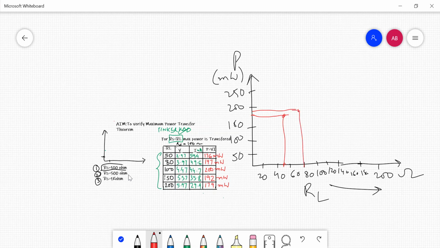Then you have got 200 at 100, so that comes out to be here. Then you have got 192 corresponding to your 150, so 150 comes somewhere here, and 192 will be like here. Last is your 179, so 179 will come somewhere like here.